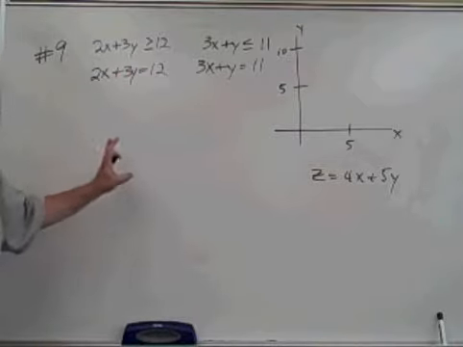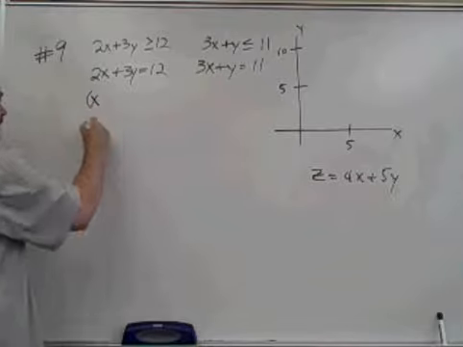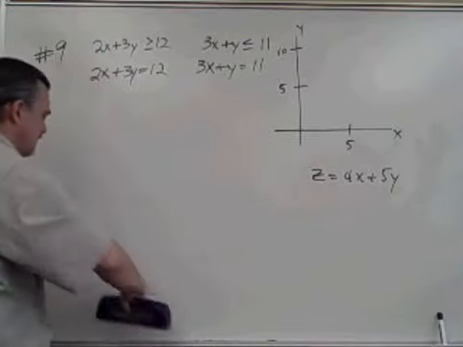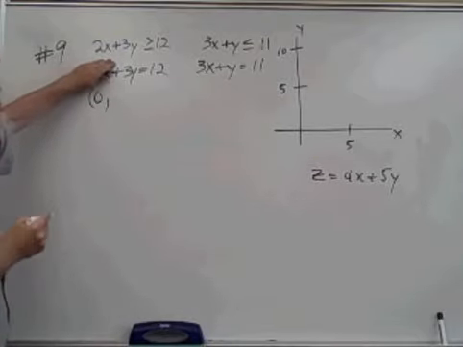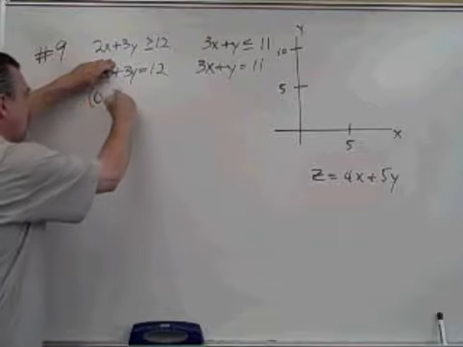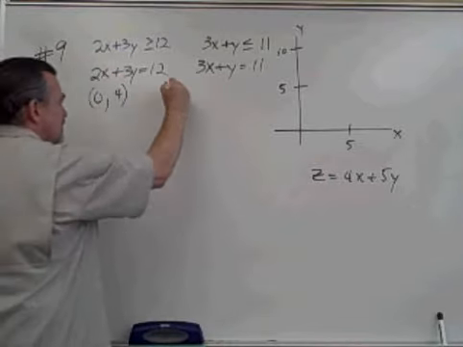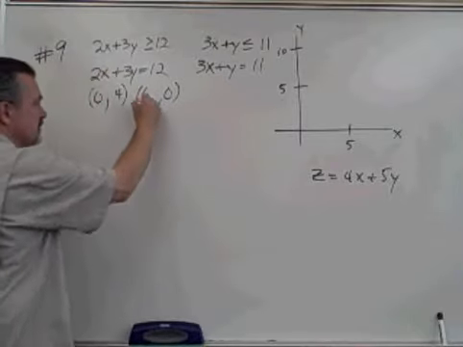Let's find the intercepts. Those are typically the easiest points to find when we have the equation in standard form. If x is 0, doesn't the y have to be 4, so that 3 times 4 would make 12? Or if y is 0, then x would have to be 6, so that 2 times 6 would make 12.